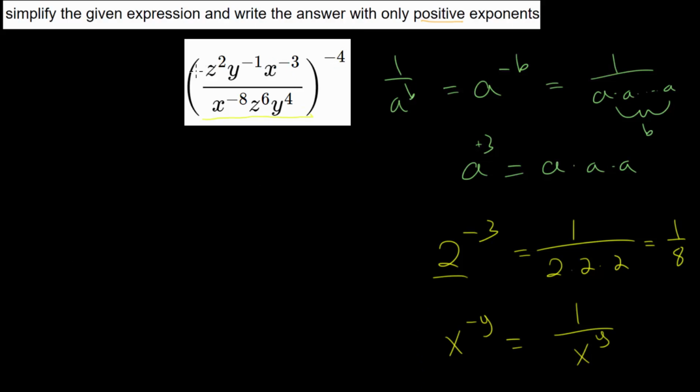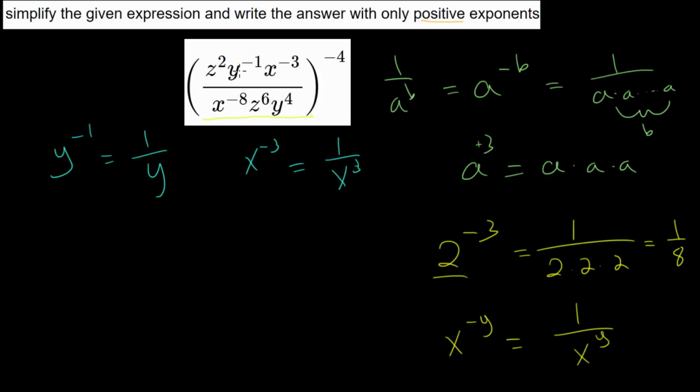So let's start by just rewriting all of this inside as positive exponents. So for instance, this z squared in the numerator, we won't need to change that since that's already positive. But this y to the minus 1, we could rewrite as 1 over y since we are dividing by y one time. And x to the minus 3, we can divide by x 3 times.